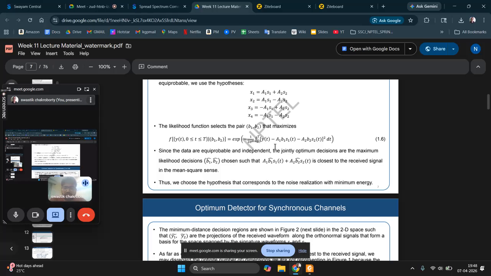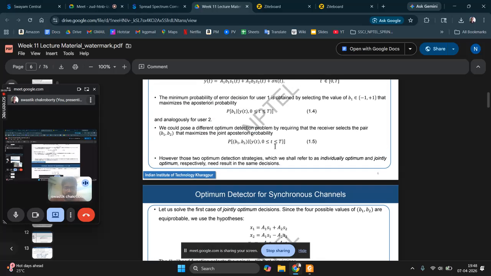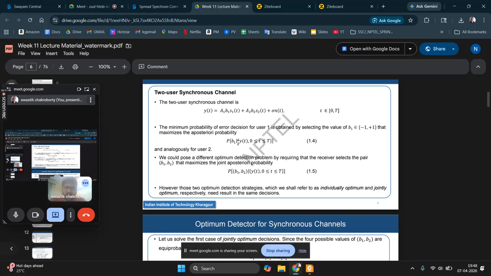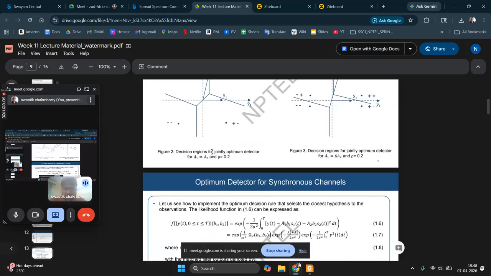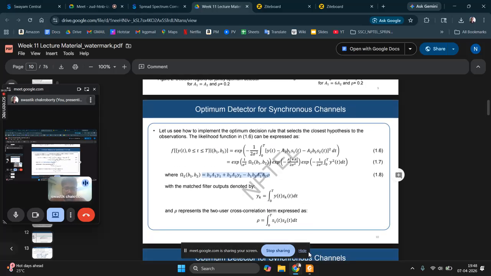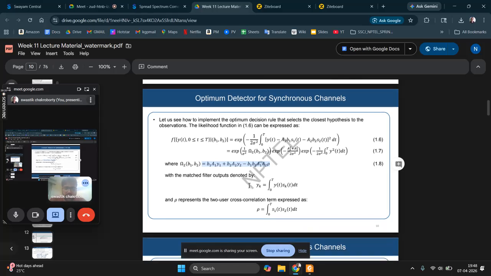So what is y1 and y2? y1 and y2 are the individually optimum decisions that we have done from the single user, so the matched filter output basically. So the matched filter output or single user output, that is y1 and y2. So if we take the matched filter output, multiply them with b1 a1 and b2 a2, and subtract this b1 b2 a1 a2 rho term, then we will get omega 2.